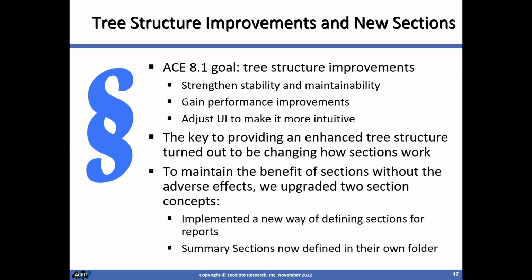I think there were a few places where the interface hesitated a little bit, and the improvements that we've made with 8.1 are all designed to help gain better performance with those kinds of things. So we've made some adjustments to the UI in order to help with that as well. What we learned during the process is that if we really wanted to get some efficiencies with the tree structure, what we needed to do was take out the rows that were set up as summary section rows.